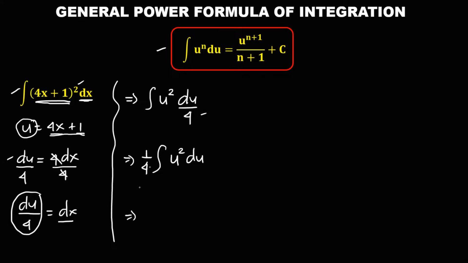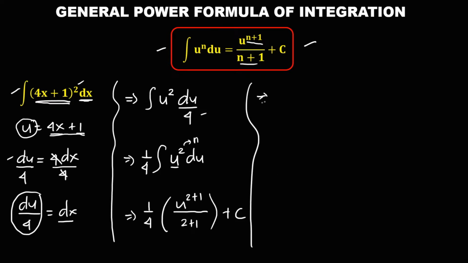Then this time to find the integral from this formula, we have 1 over 4 times u to the power n plus 1, and n is equal to 2. So we have u to the power 2 plus 1, over n plus 1, or 2 plus 1, then plus c. Then we can substitute now the value of u, and that's 4x plus 1.